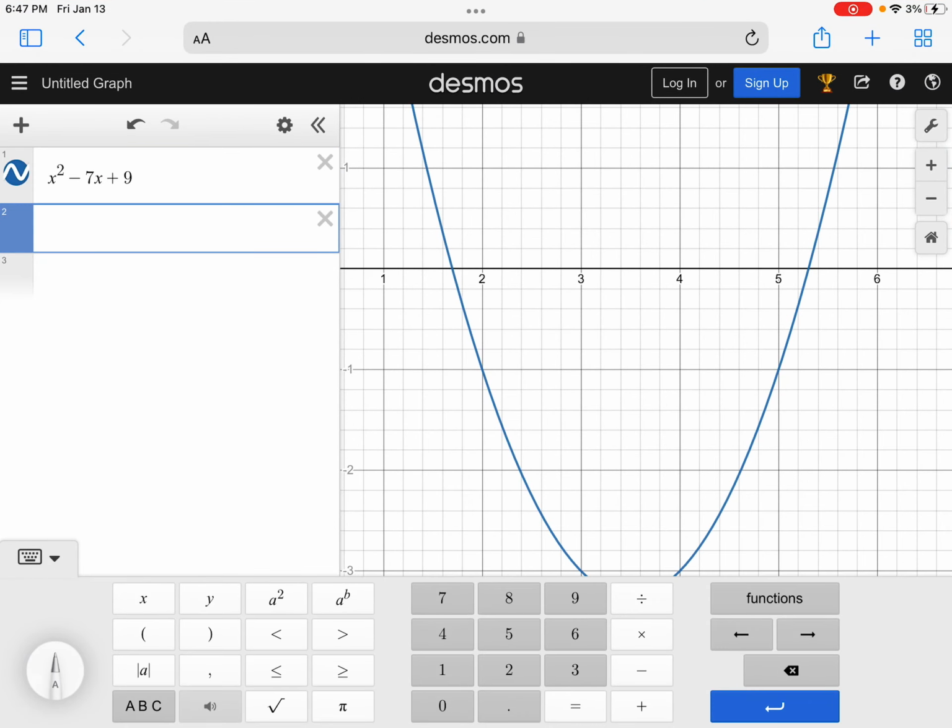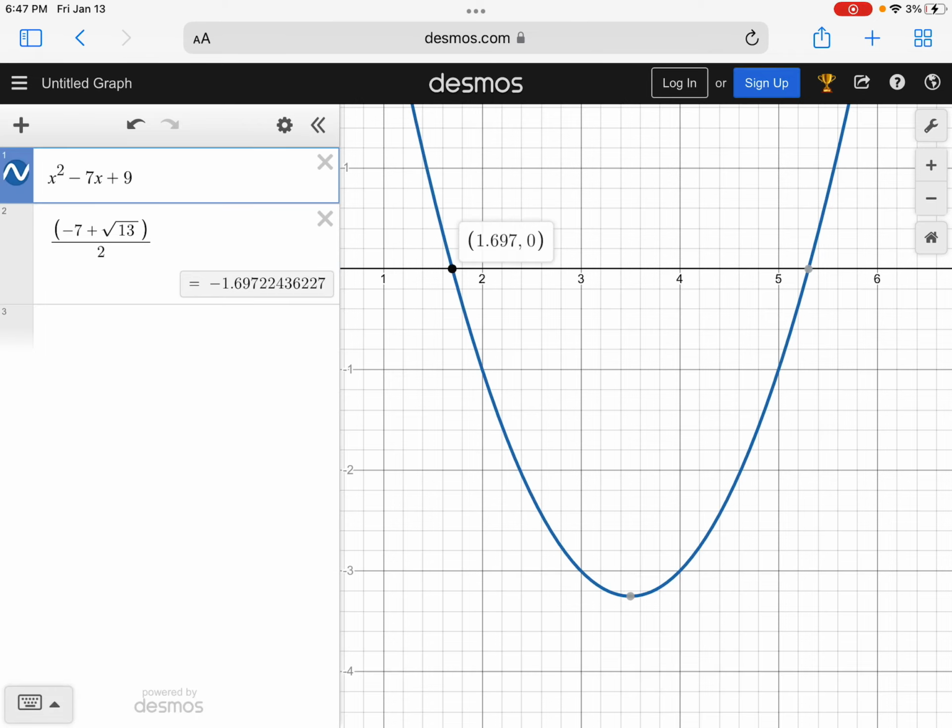So in Desmos, let's type in that point. So the point is going to be negative 7 plus the square root of 13 all over 2. And you can check that's negative 1.69 something. And that point right there matches that.